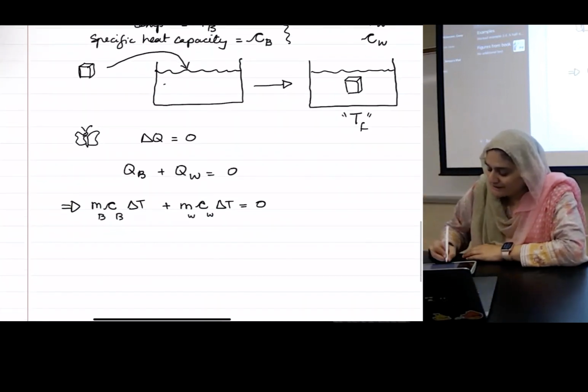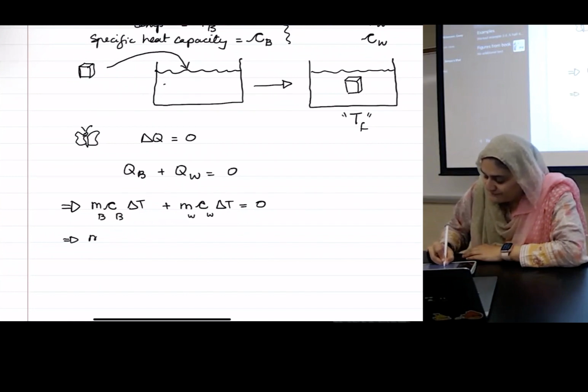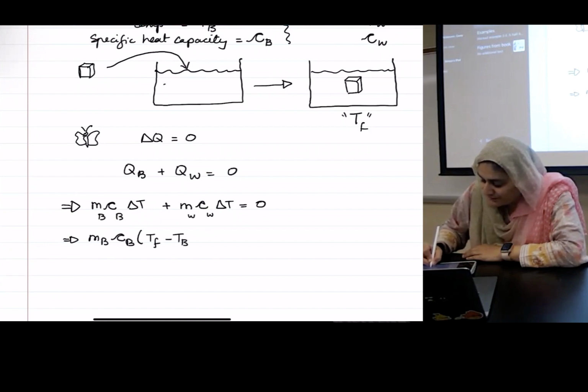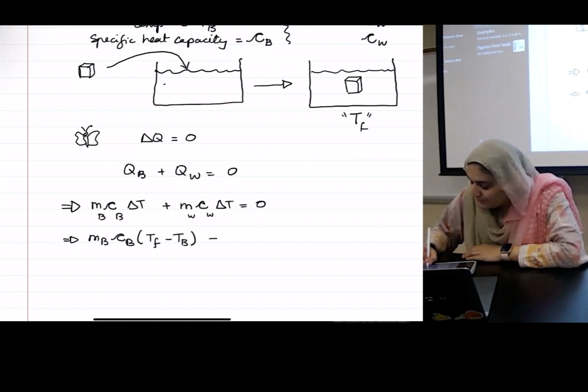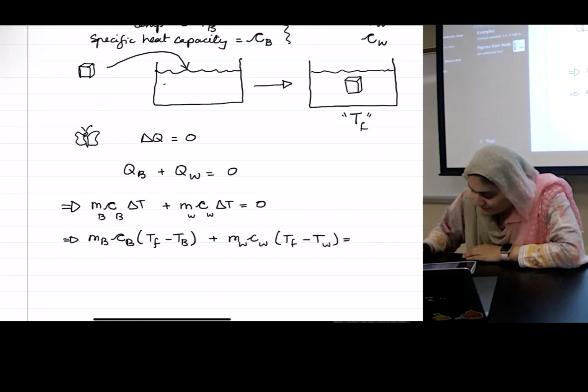What is delta T for each case? T final minus T of the block, plus M c T final minus T of the water.